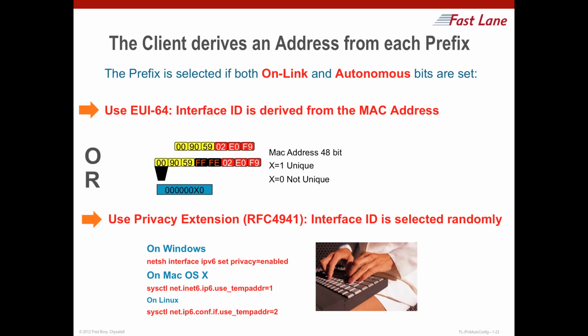This is the EUI-64 format, or it can be randomly chosen, which is a privacy extension, which is there actually because with IPv6 we don't have NAT, so we may be identified by our address on the internet, and if we don't want to be identified on the internet, we can change our address every day and build the interface ID randomly.